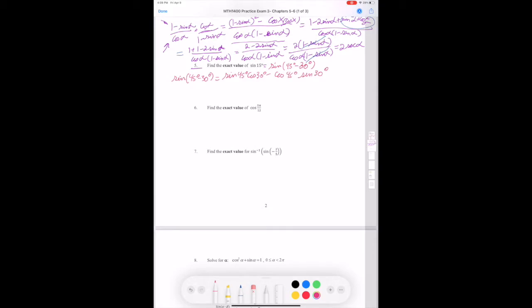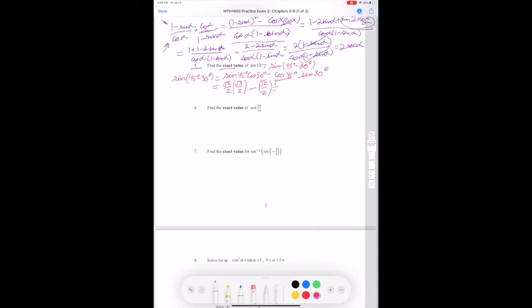And then we look up these values in our unit circle because I want it to be exact. Sine of 45 degrees is square root of 2 over 2. Cosine of 30 degrees is square root of 3 over 2. Cosine of 45 degrees is square root of 2 over 2. Sine of 30 degrees is 1/2.